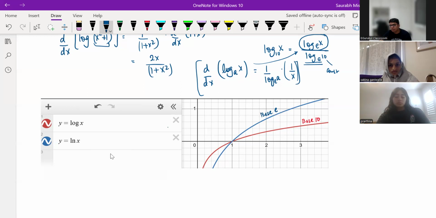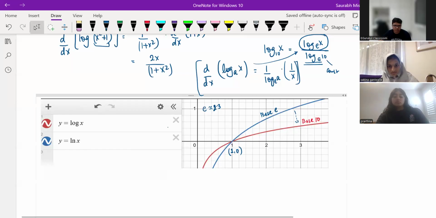Clear? You can see both are passing through the point 1 comma 0. So 1 comma 0 will be a common point for any ln graph or log graph. Depending upon the base, the e value is approximately 2.7. You can see the moment your base increases, the graph goes down.